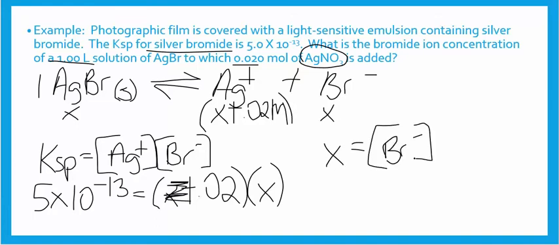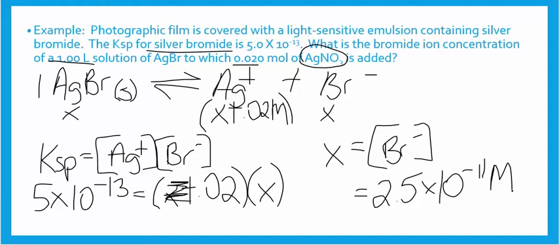All we have to do is take 5 times 10 to the negative 13th and divide by 0.02. So the concentration of bromide, 2.5 times 10 to the negative 11th. So a common ion, in this case silver is the common ion, it lowers the solubility of the solid silver bromide.